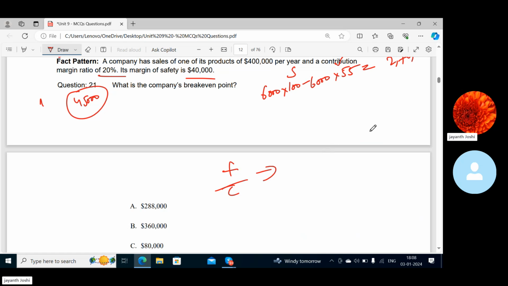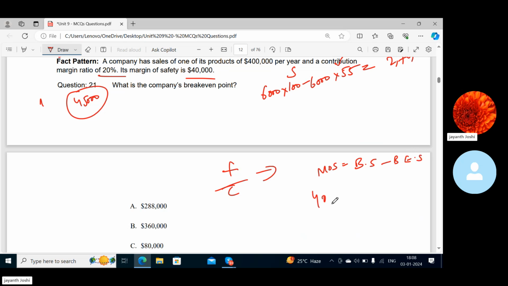So can we do this? They have given this. So contribution. We'll do margin of safety. There we get the break-even point. See, the margin of safety formula is budgeted sales minus break-even sales, right?